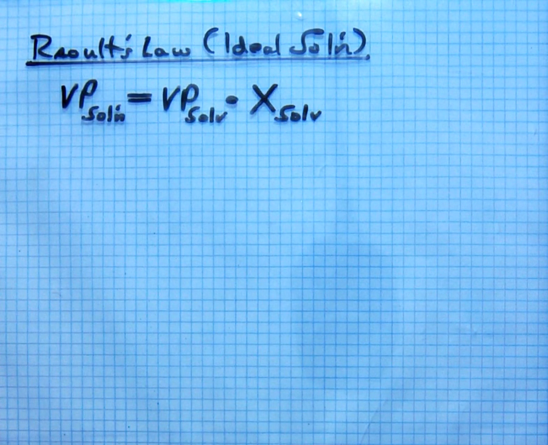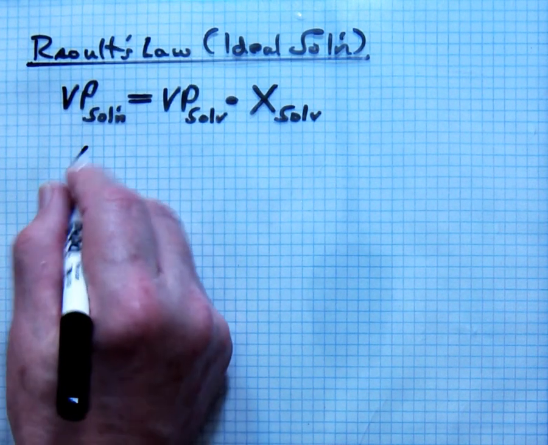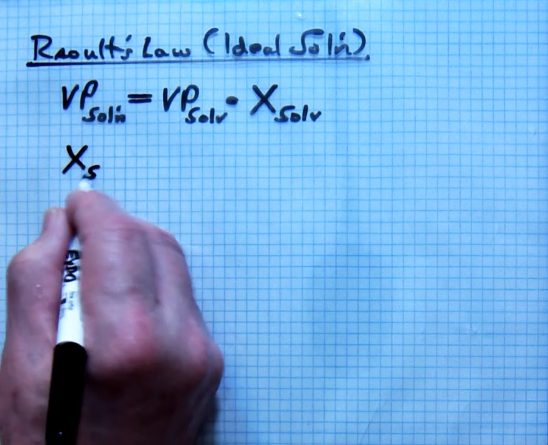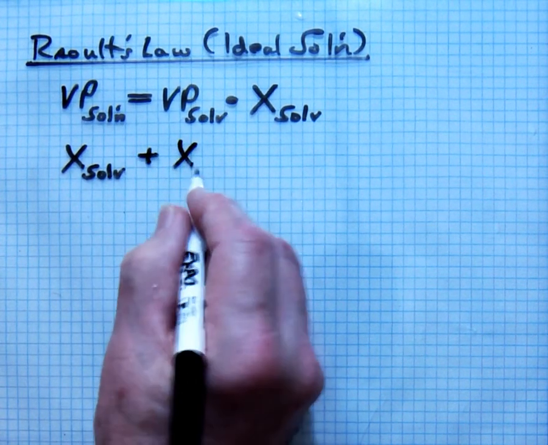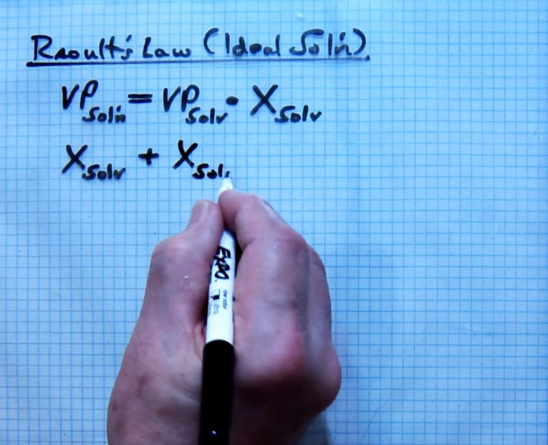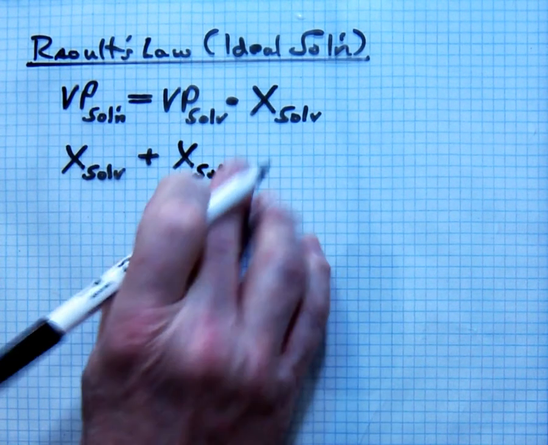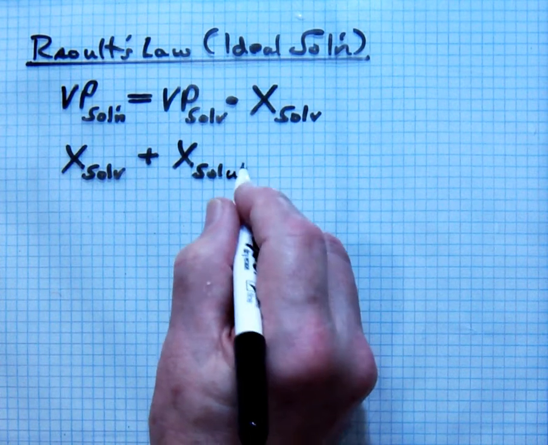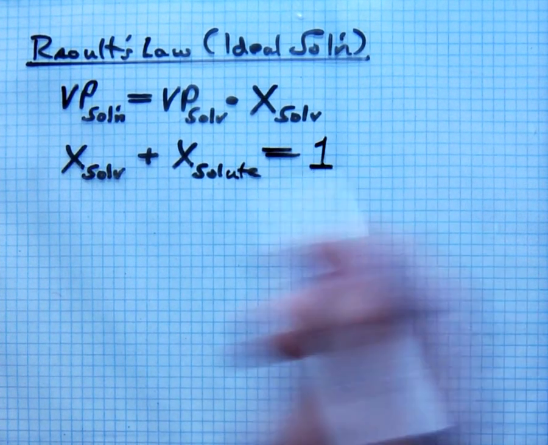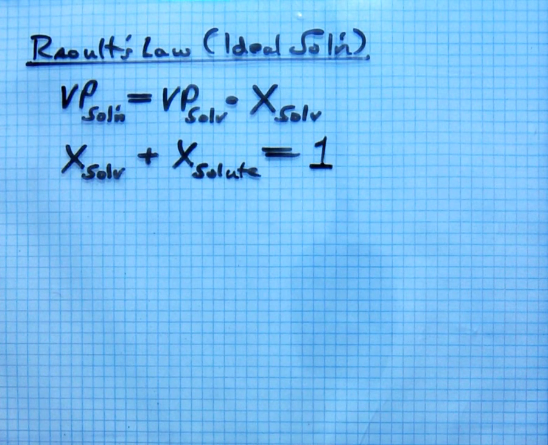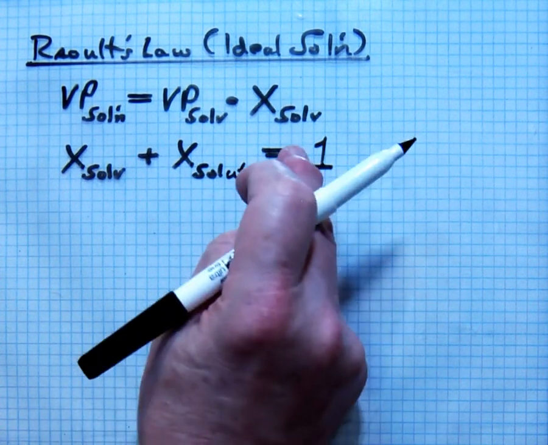Also, and I mentioned this earlier, and this is why we need to understand mole fractions, the mole fraction of solvent plus the mole fraction of solute is equal to 1. Okay, that's simple enough. I showed you that earlier.